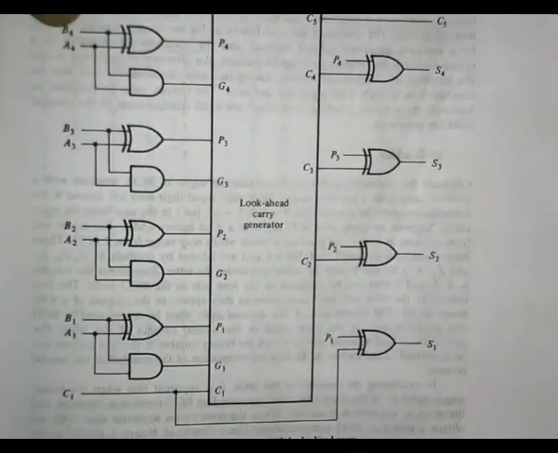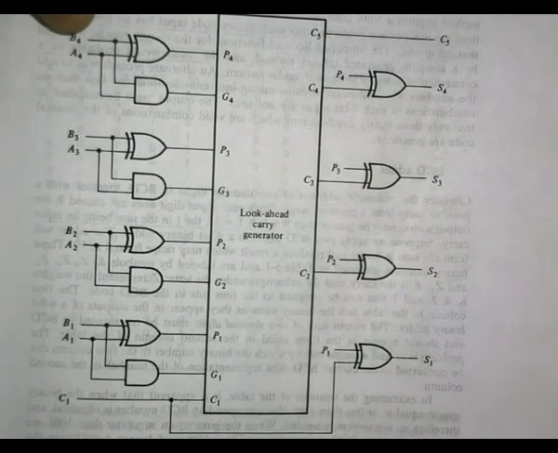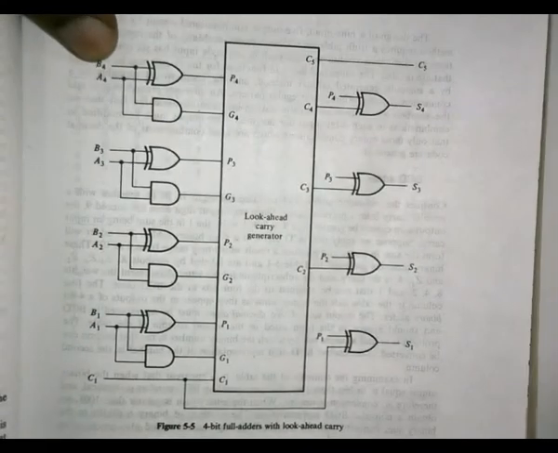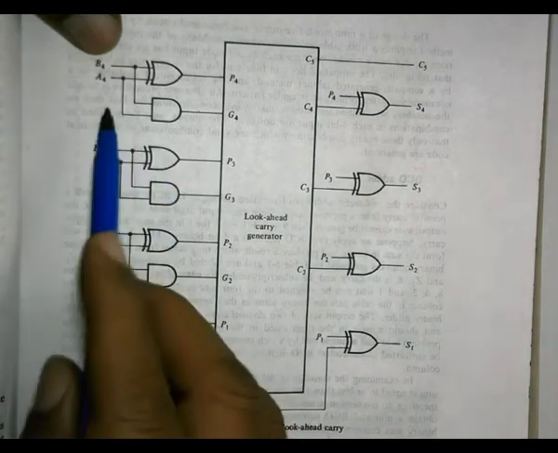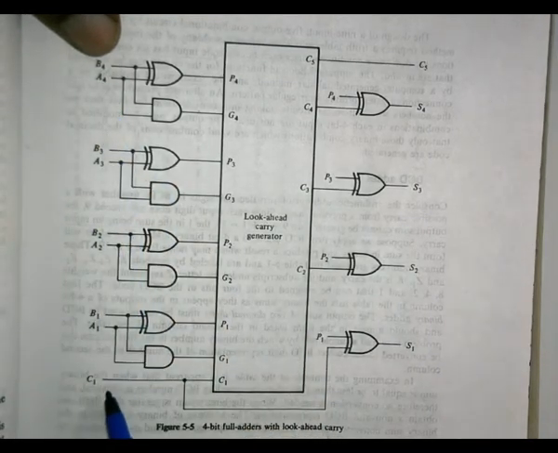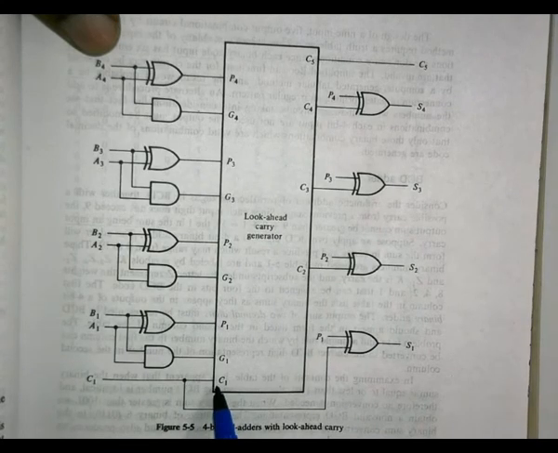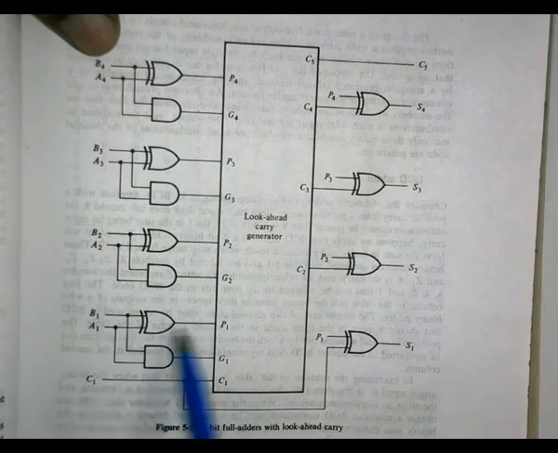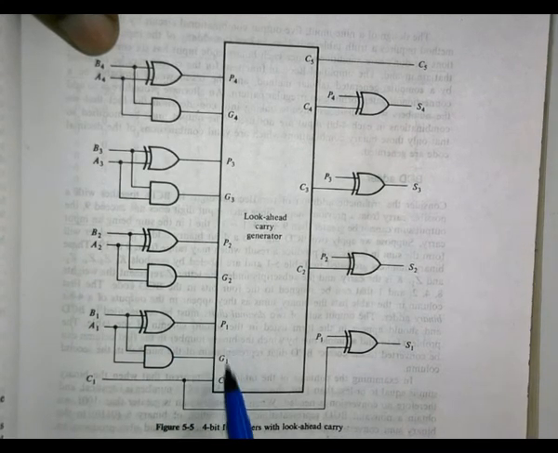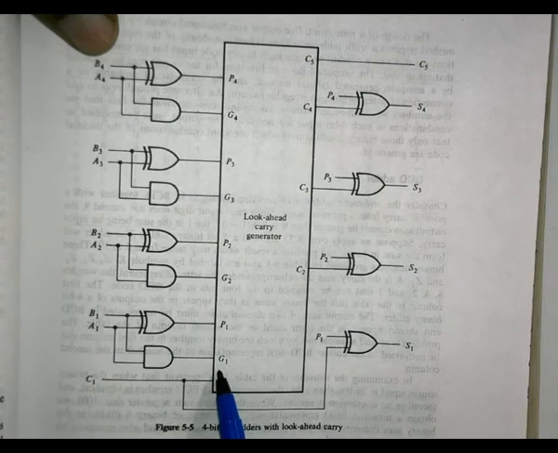And this is the overall carry look ahead adder design. Here you are applying the addend and augend bits, and this is the carry input which is coming into the circuit, and immediately after the application of the addend and augend bits, you have generated the bits for propagation and generation.